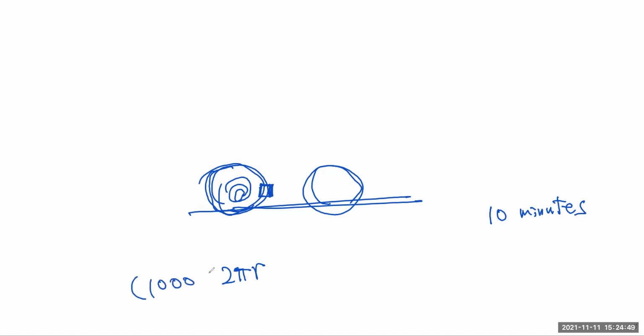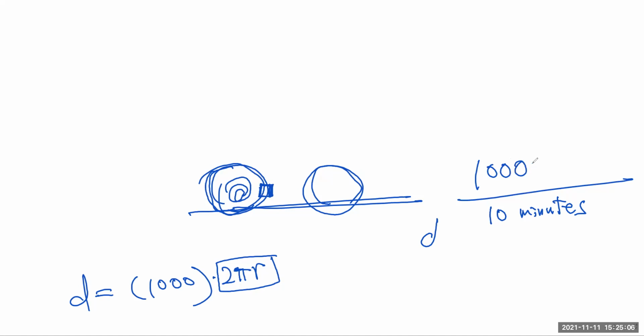So the distance is 1,000 turns times the circumference of your wheel, which is 1,000 times 2 pi r, over the time, and that will give you the speed.